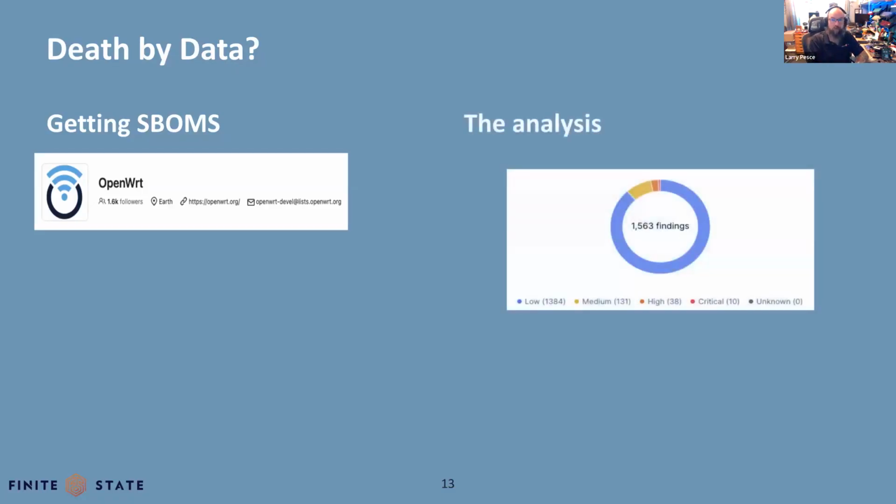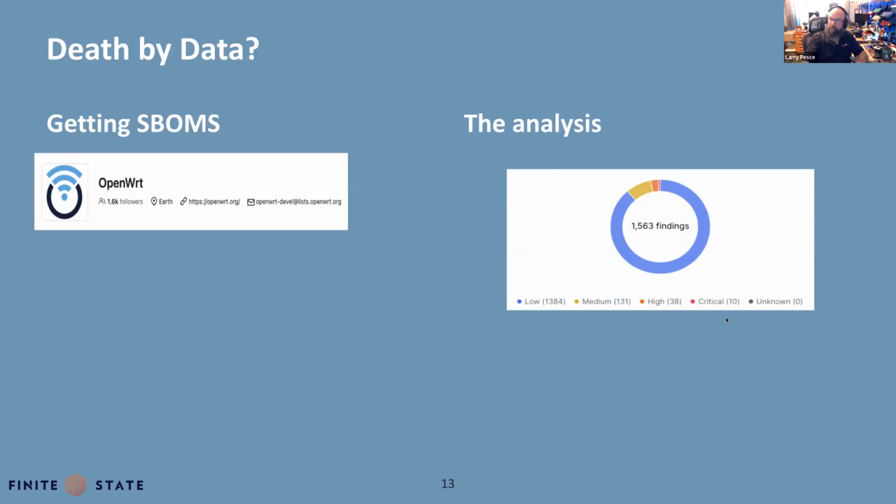Okay. So the analysis came out for one of the versions that I analyzed here with 1,563 findings. That seems like a lot. Arguably, we're probably more concerned specifically with these 10 critical and the 38 high.